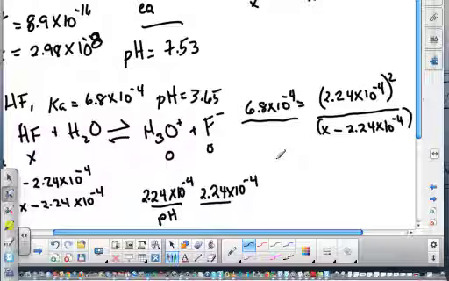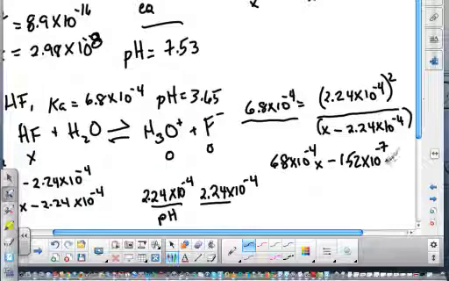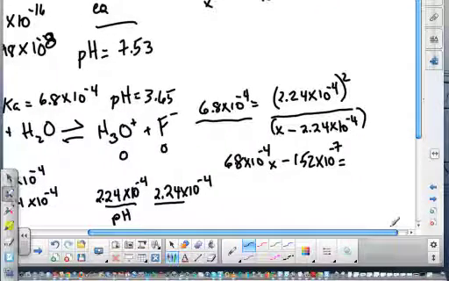So we would have 6.8 times 10 to the minus 4 x minus, I did not do all the steps on my sheet, 1.52 times 10 to the minus 7 equals 2.24 times 10 to the minus 4 squared, 5.02 times 10 to the minus 8.